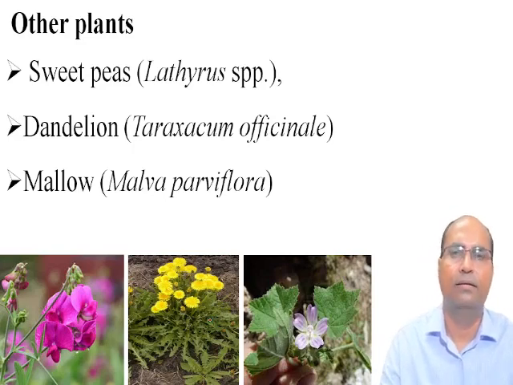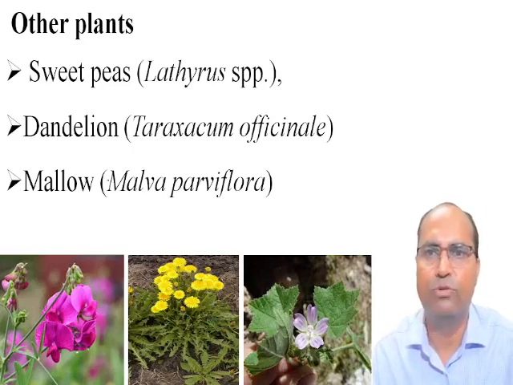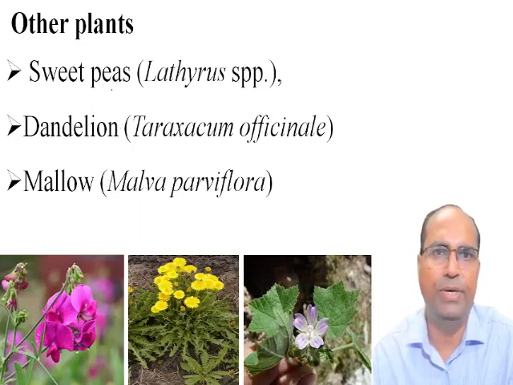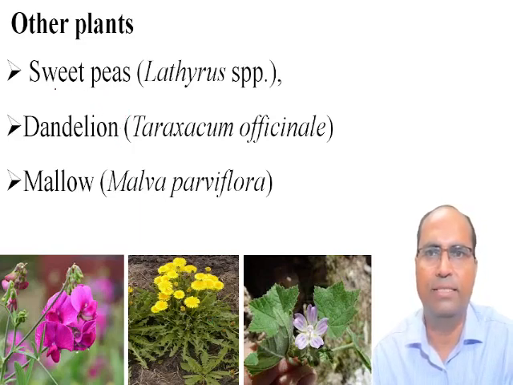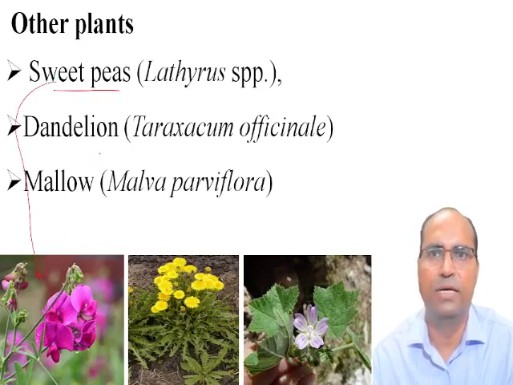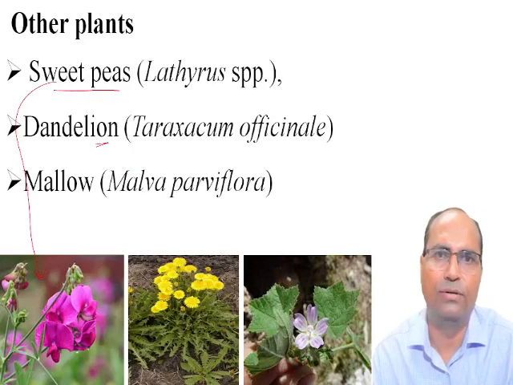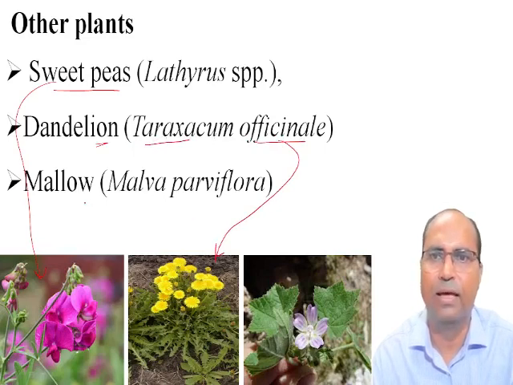The other plants responsible for acquired Stringhalt are sweet pea, Lathyrus species, dandelion, Taraxacum officinale, and Malva parviflora.